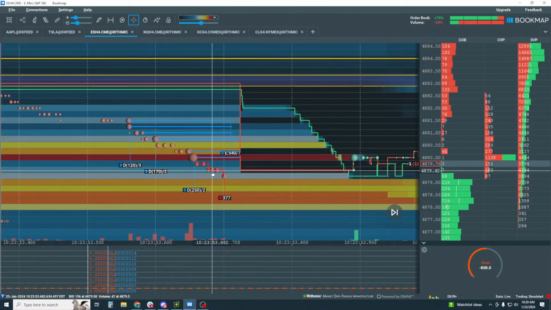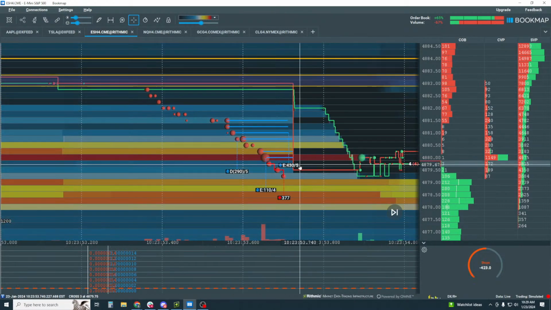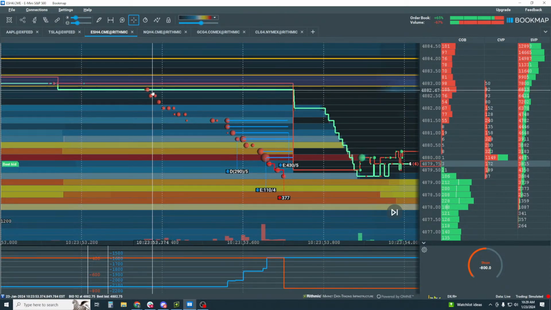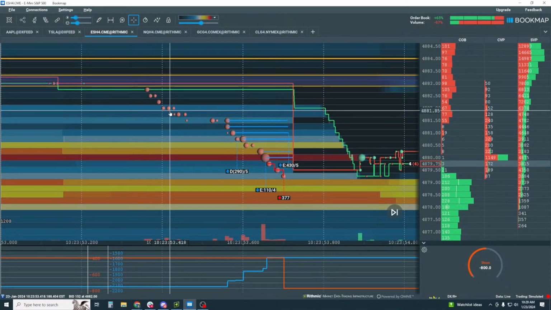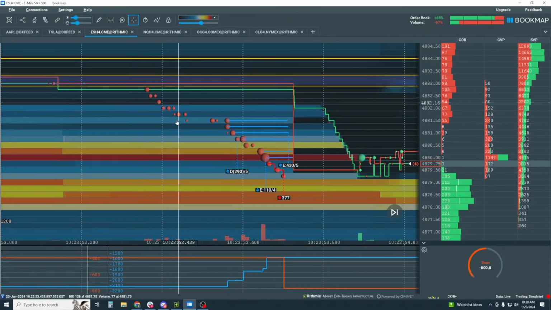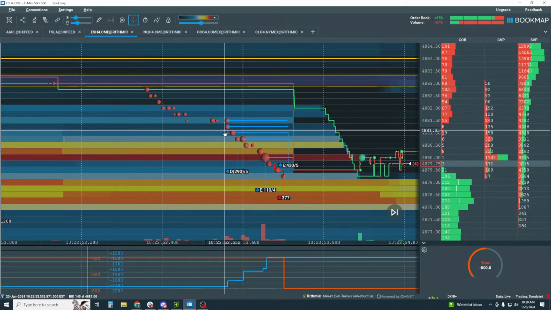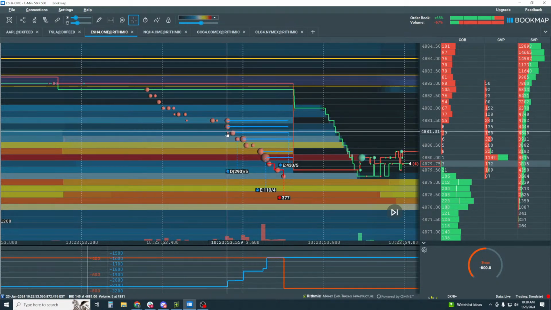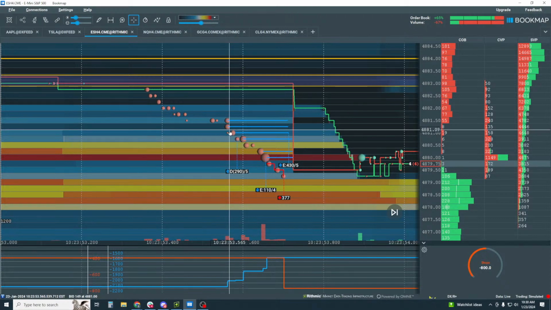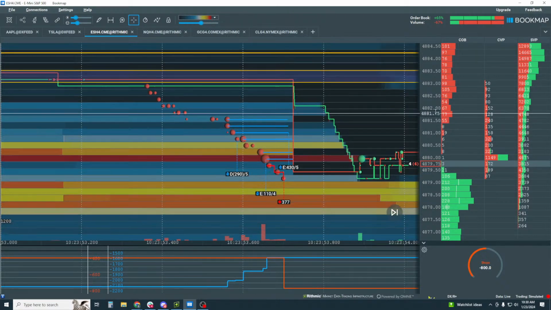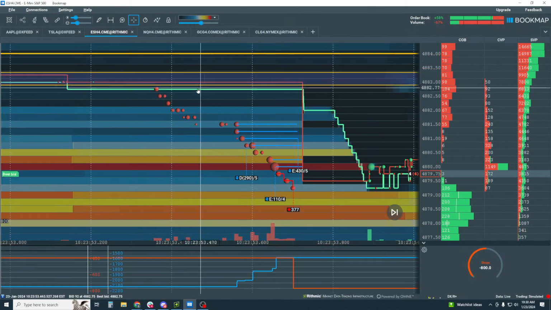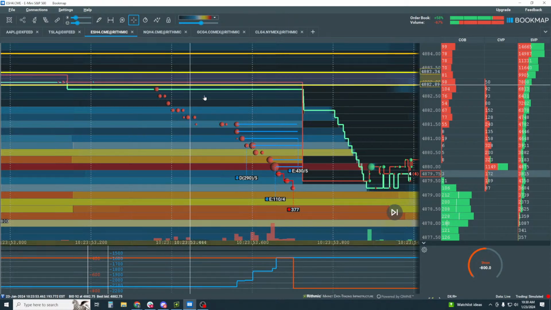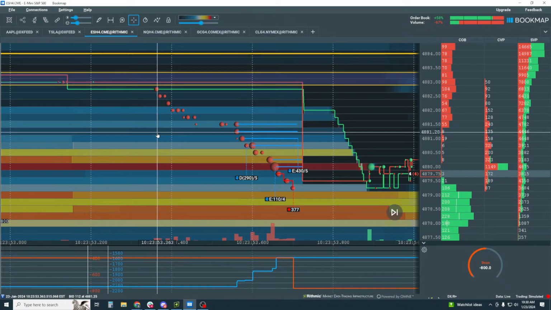Now just so you guys know, we've covered this many times, but this book sweep here, what's really going on is very accurate. The data that we have here in Bookmap is showing you how these markets actually operate, and that is golden.